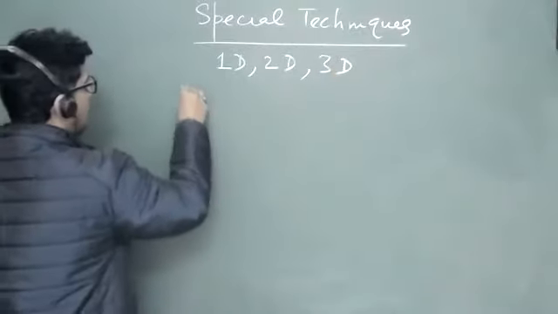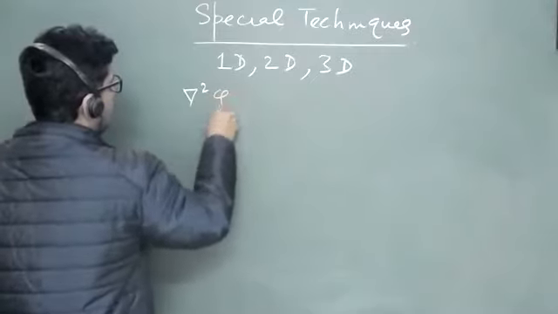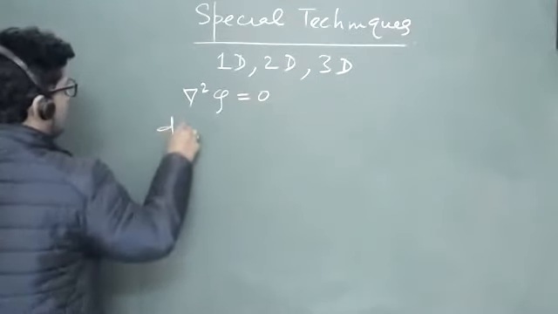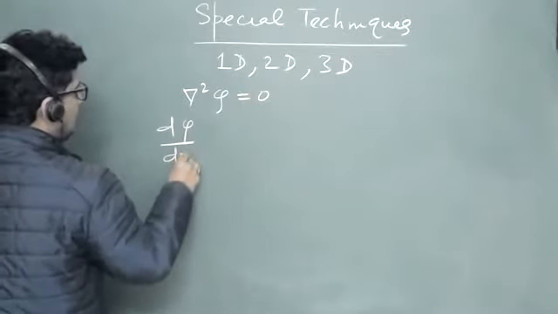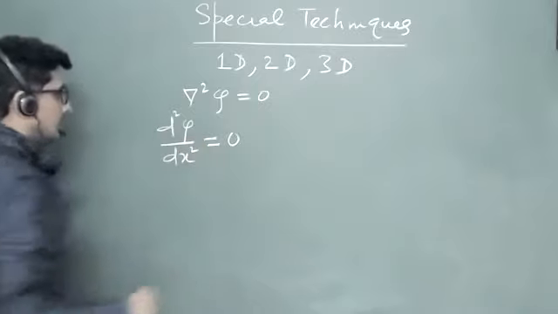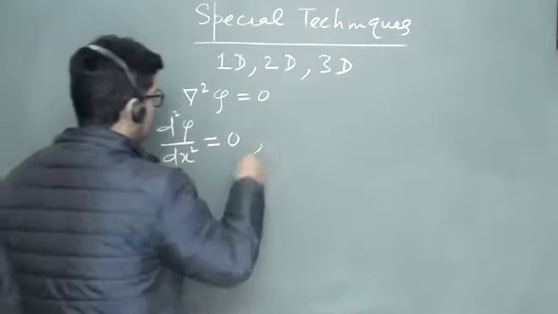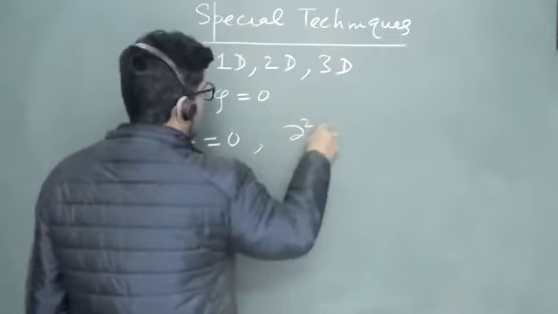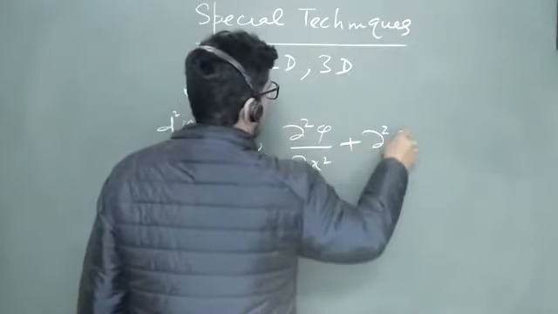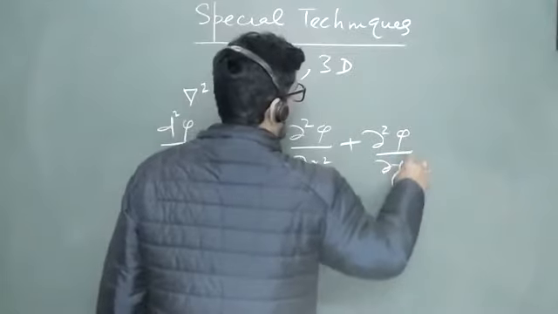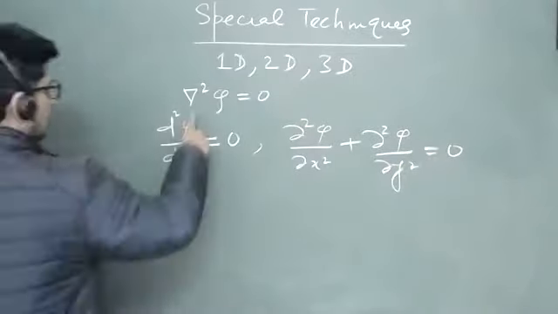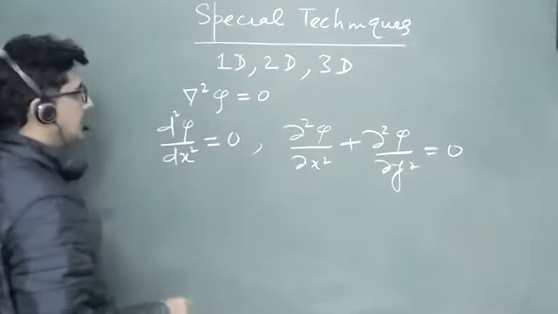So you have del square phi is equal to 0. So in 1D, what it will become? d phi by dx is equal to 0, right? So d2 phi by dx2. In 2D, it will become del 2 phi by del x2 plus del 2 phi by del y2 is equal to 0, because this del square operator will become like that.